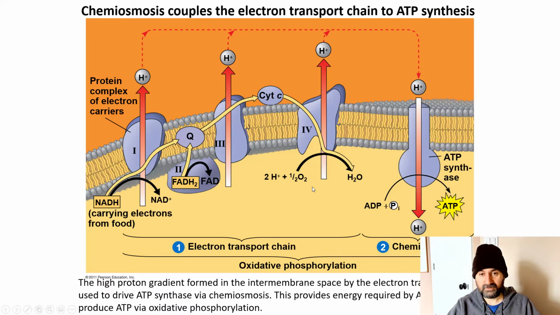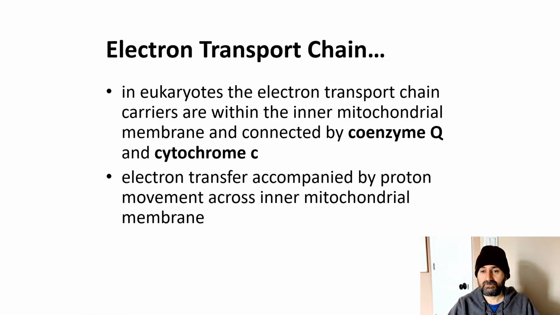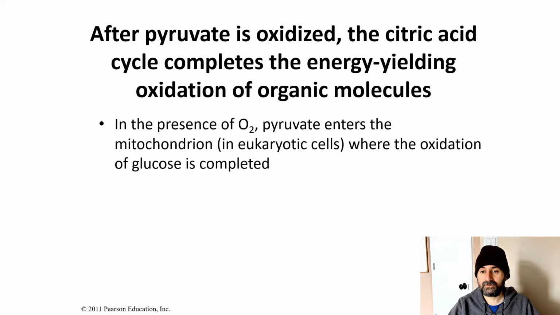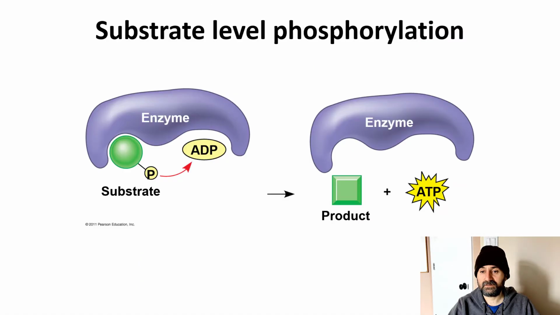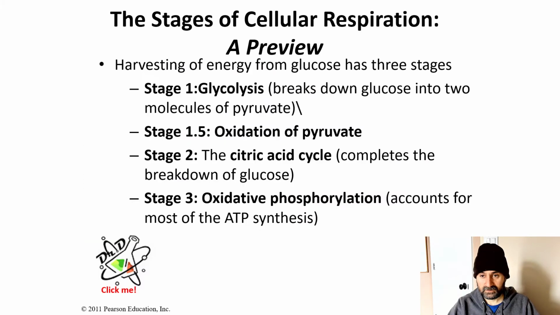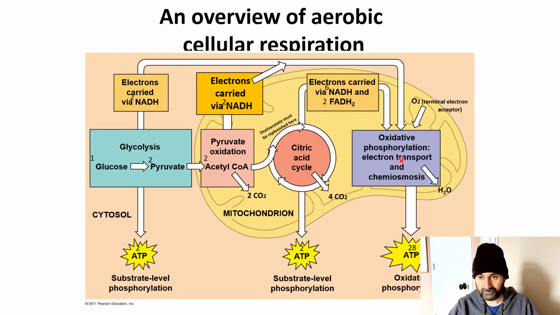And again, if you want to have this process at a glance, the reactants and products of this process, let's go back to our cheat sheet. Remember our little cheat sheet? During stage 3, oxidative phosphorylation, it requires NADH, it requires FADH2, it requires oxygen as the terminal electron acceptor.